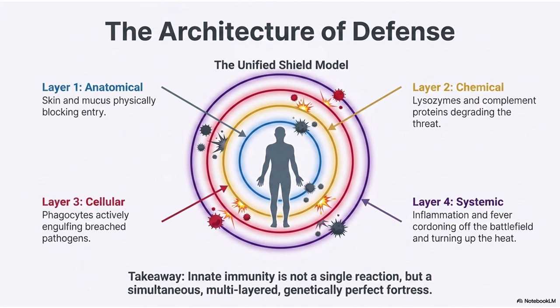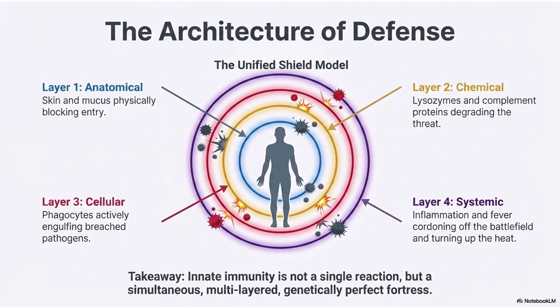Then you have the cellular layer like your phagocytes, which interact with the pathogens and kill them. And finally, you have the systemic layer where you have inflammation and some acute phase proteins, which will make sure that the organism does not survive inside the human body.